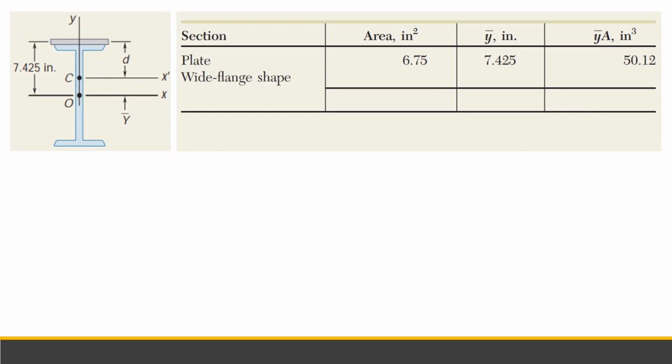Okay, so we have now the, since this is a composite, so to determine the centroid, tatabulate natin. Okay, so this is with respect to the center, no? Okay, but also you can solve with respect to this base, but para mas madali siya, so with respect to the center ng flange na yung the way we will solve this. So for the wide flange shape, so yung area niya is 11.2 and the y bar, so 0 na siya, no?